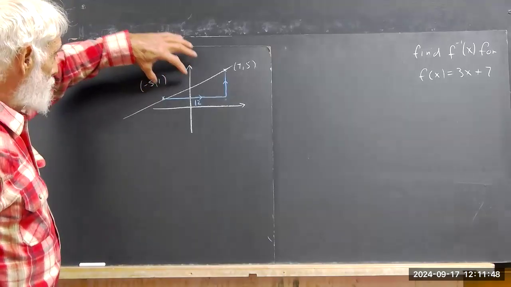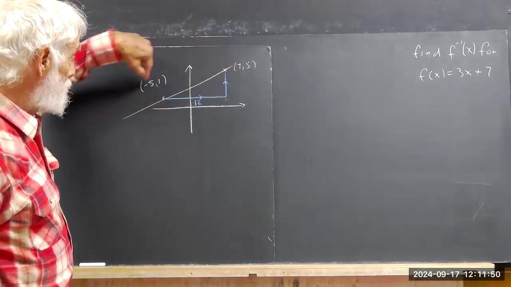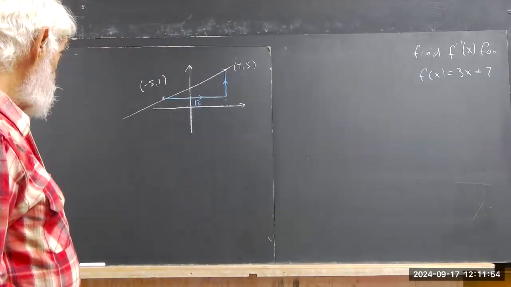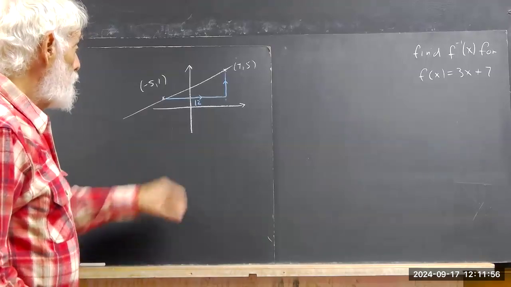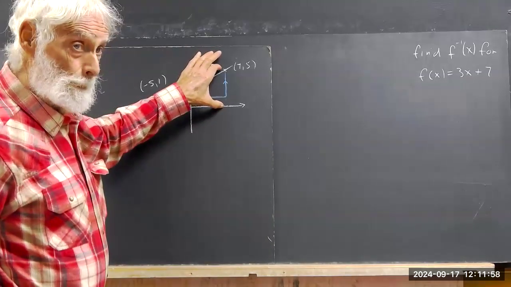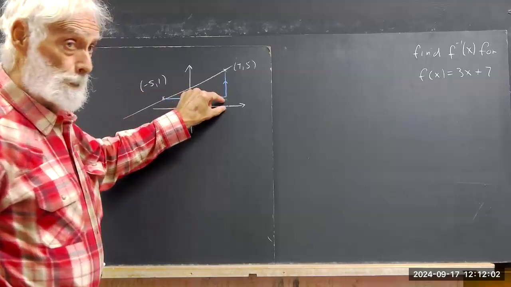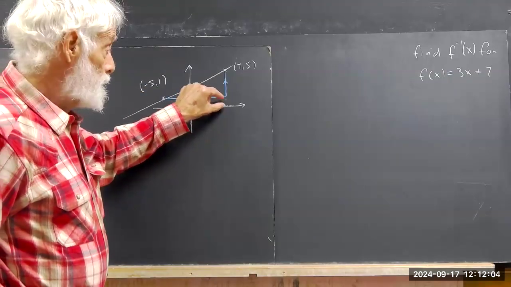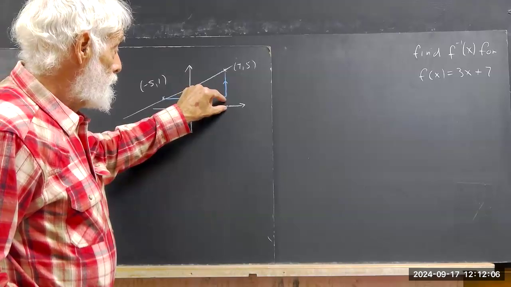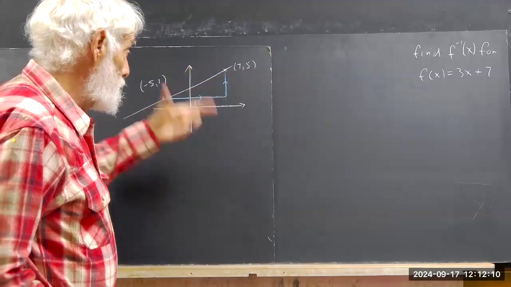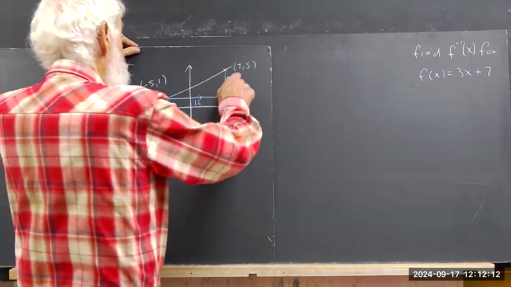Again, from here to here is 5, from here to here is 7. This is -5 and 7. And then what do we have? From here to here is 5, but from here to here is 1. So 1 and whatever this is has to add up to 5, so this has to be 4.